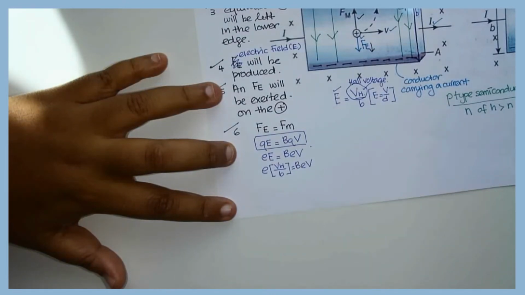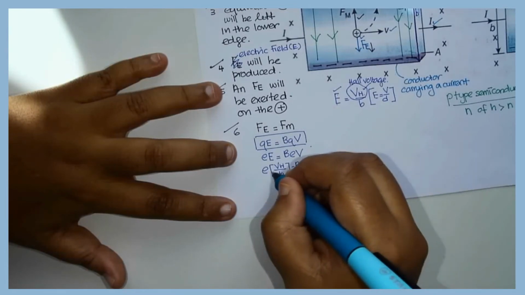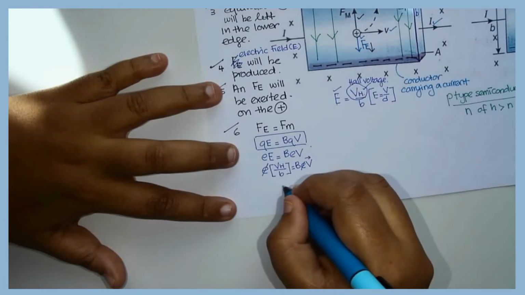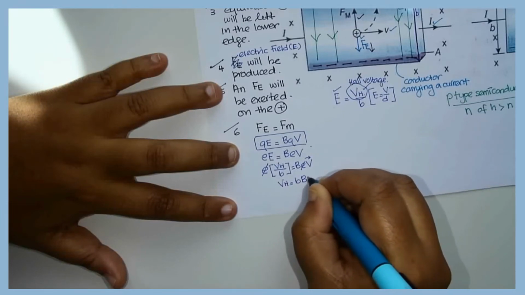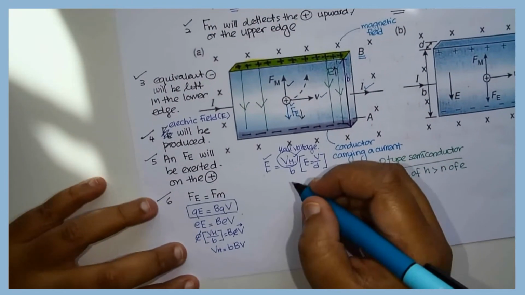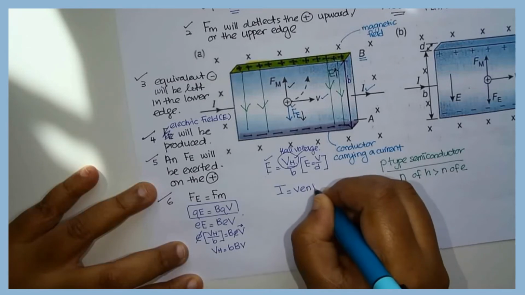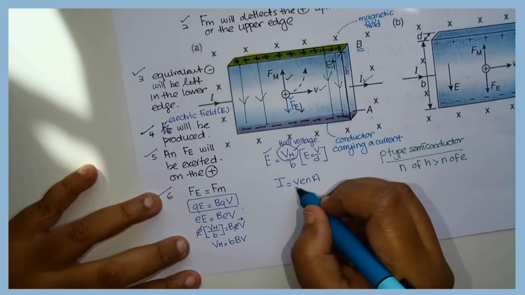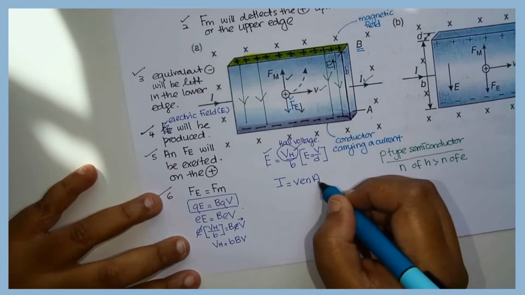B V is velocity. So this E and this E we can cancel, so we get VH equals B times v. Next, current I equals v n e A: drift velocity, charge of an electron, number of charge per unit volume, and area.